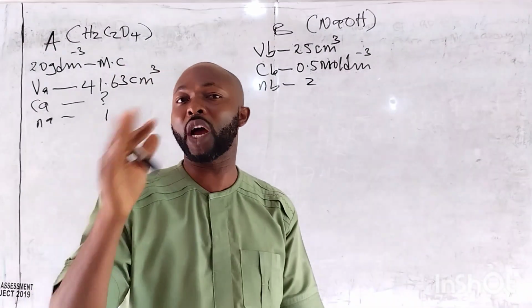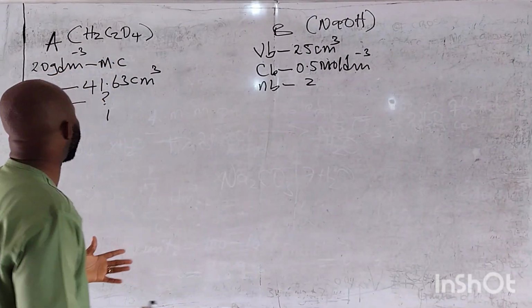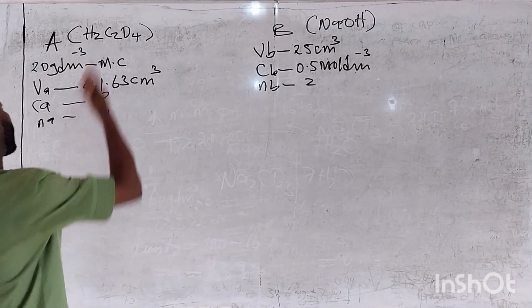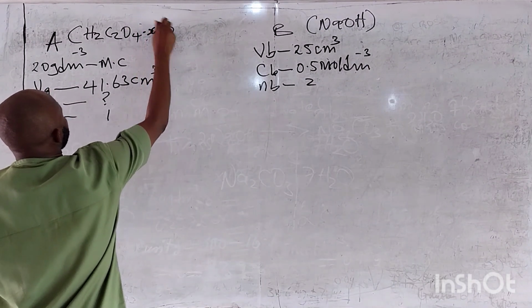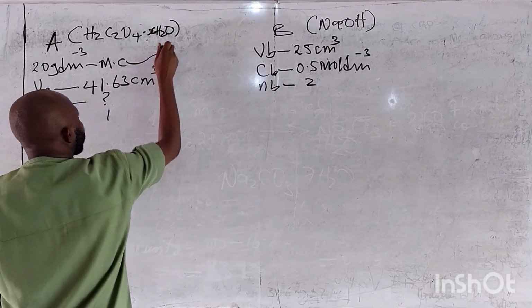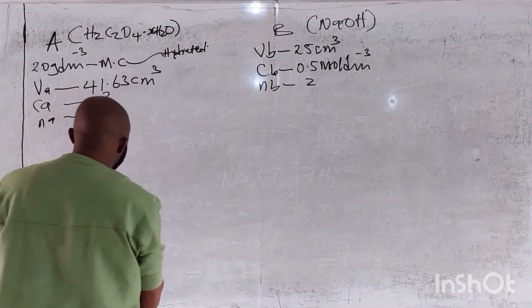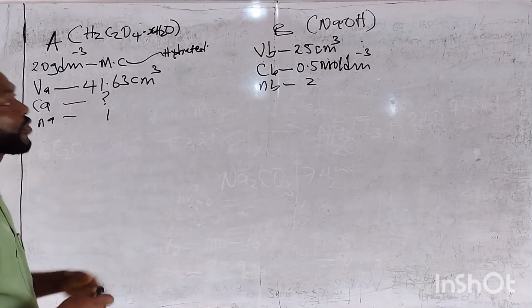And we also have molar concentration equals mass concentration over relative molecular mass. Now, we can't use that because what they gave us here is for the hydrated compound, dot XH2O. So the mass concentration given is for the hydrated, and we're going to look for that of the anhydrous. Because of that, the only way we can go about it is to use our CAVA formula.